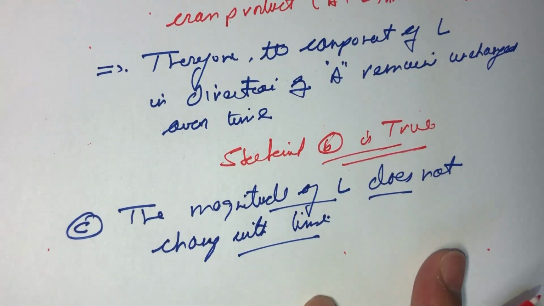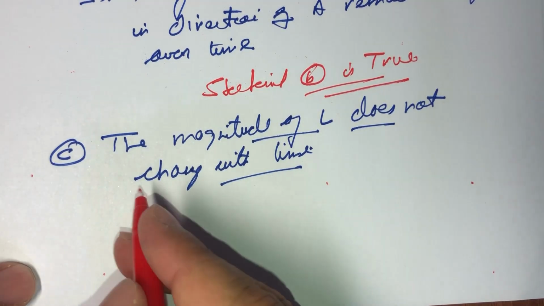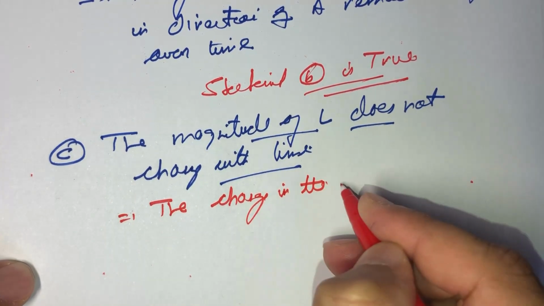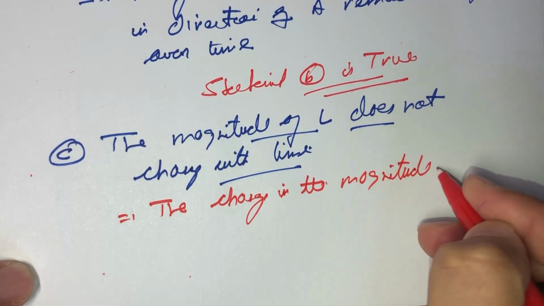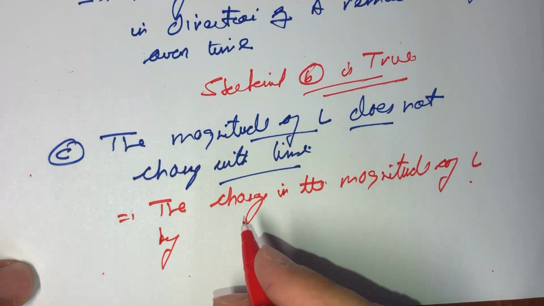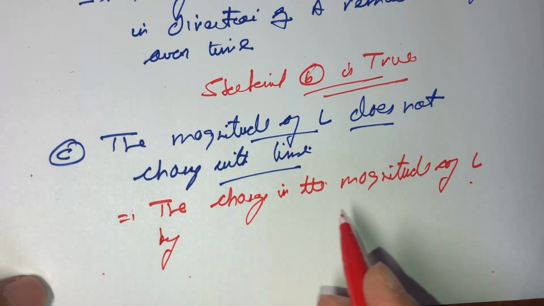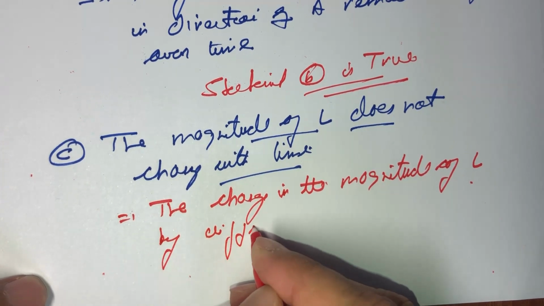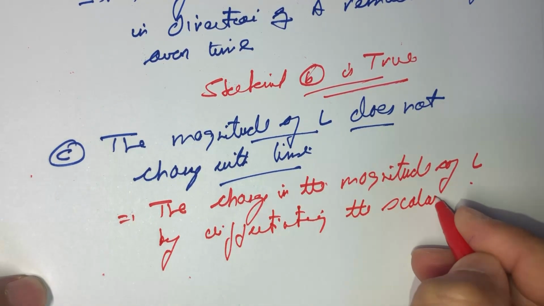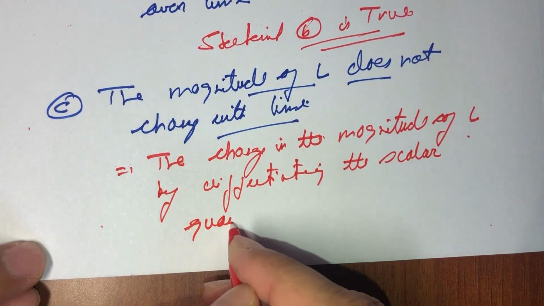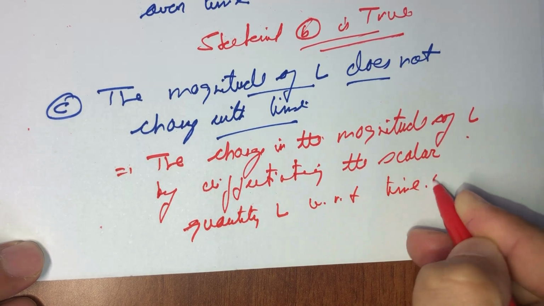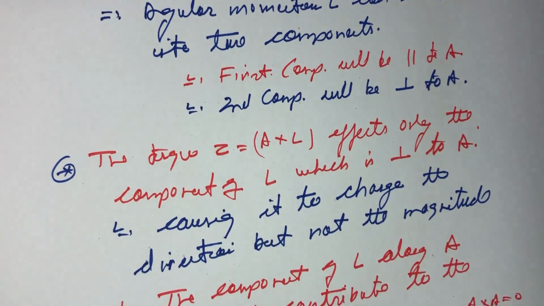You can say that the change in the magnitude of L is found by differentiating the scalar quantity L with respect to time t. So let's write this statement mathematically.